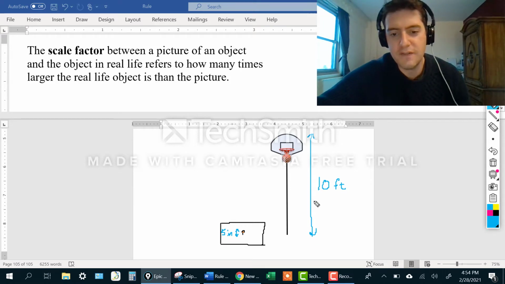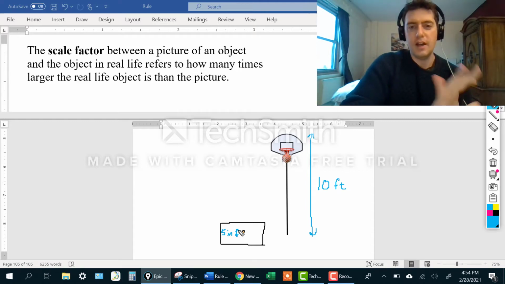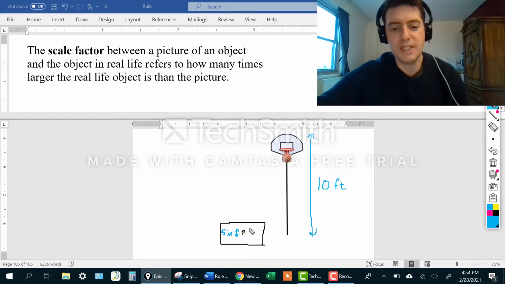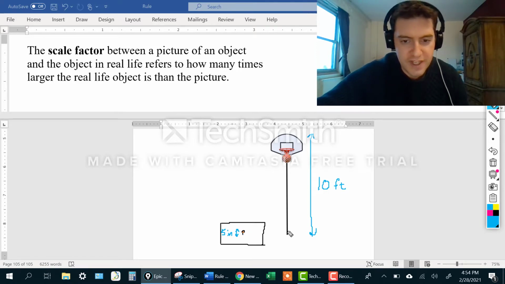So this is 10 feet tall and this is 5 inches tall, right? Same question now. How many times larger is this than this? How many of these would fit into this?